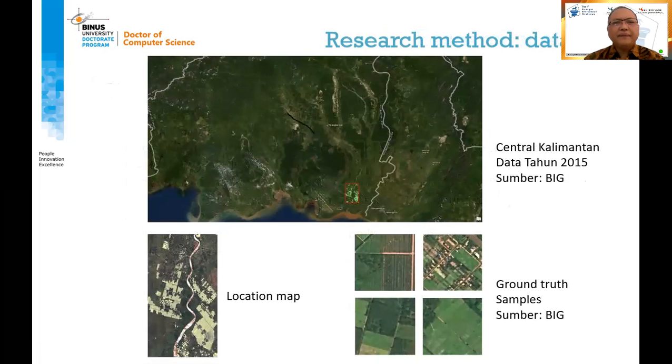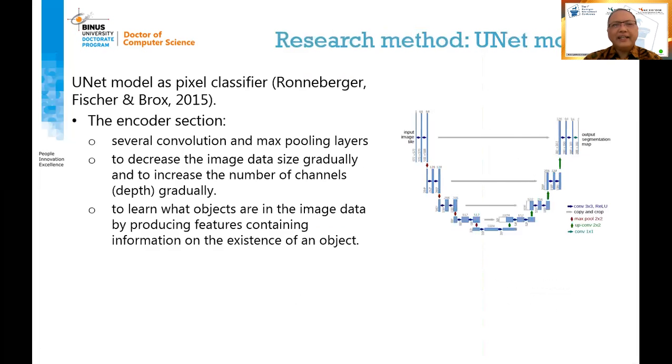So this is the map of the research location, and the Pangkuh area here is shown in the red box boundary, and we have some samples of ground truth, as shown in the slide.